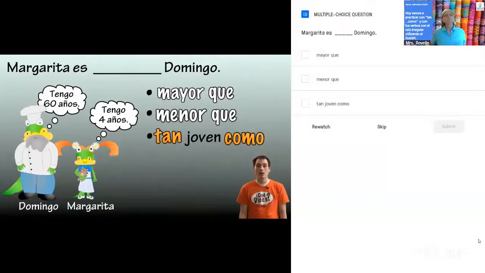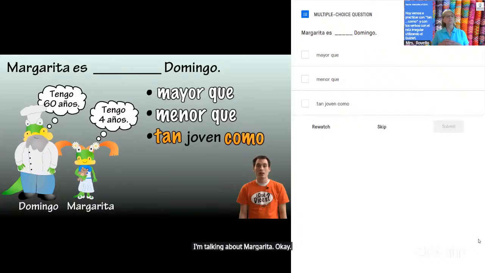Okay, one more. Margarita es blank Domingo. So Domingo is 60 years old and Margarita is 4 years old. So would it be A, B, or C? I'm talking about Margarita.